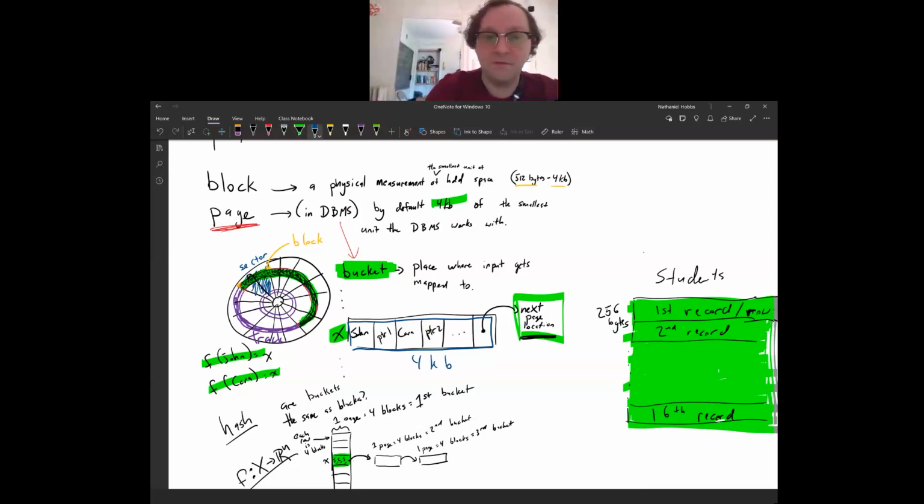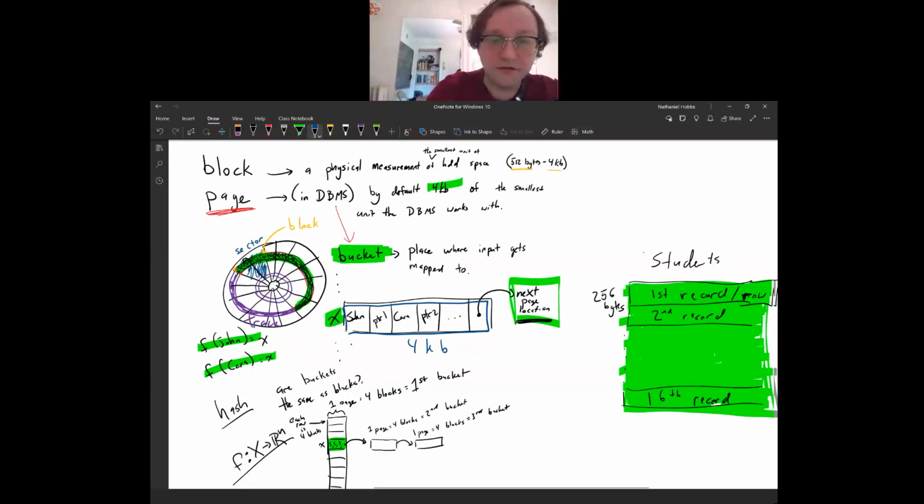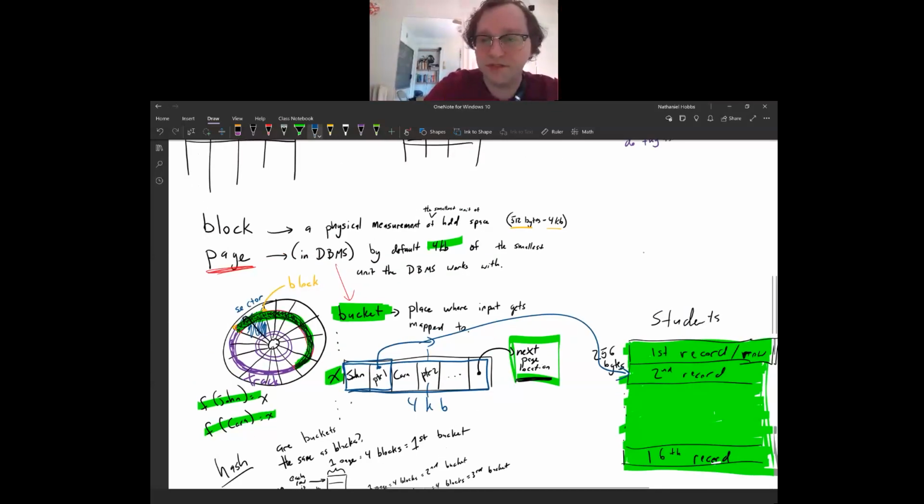So, for example, I could have the pointer to John, and now he has a pointer to where his record is in the table. Kara also has a pointer to her record. And in this case, searching for either John or Kara is order 1, because you go to X and both of these are in the first bucket.